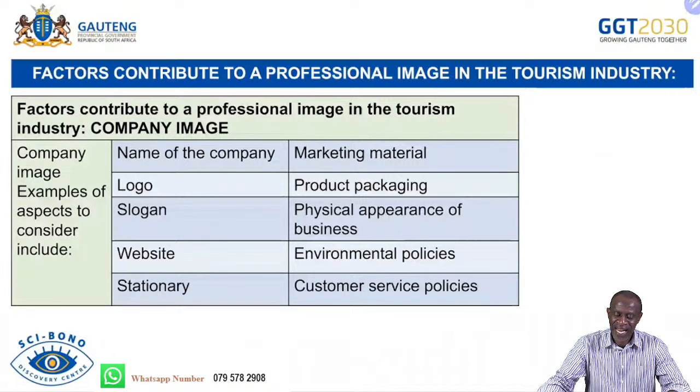And the factors are, number one, the name of the company, the logo, the slogan, the website, the stationery, marketing material, product packaging, the physical appearance of the business, the environmental policies, the customer service policies as well.